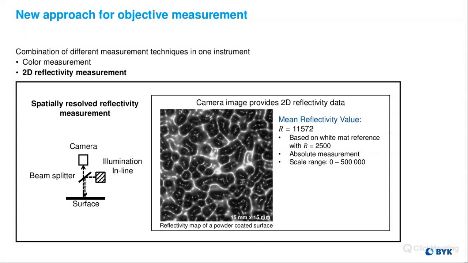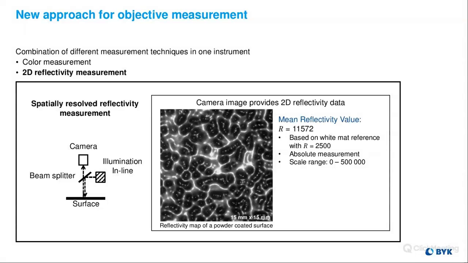The measurement area that this instrument can take is 15 millimeters by 15 millimeters with a resolution of 512 pixels by 512 pixels. So we can take all the reflectivity values for each pixel and average them, and what we end up with is a mean reflectivity value.